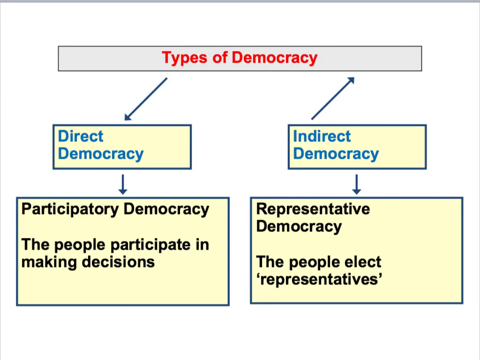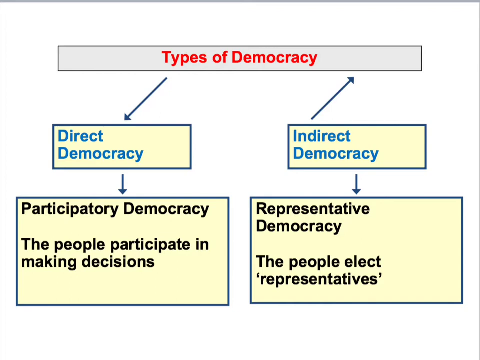The other form that democracy takes, which is much more common, is what we call indirect democracy, or more commonly it's known as representative democracy. In today's large and more industrialised societies, people cannot all get together to discuss and vote on issues in the way that they were able to in the ancient Greek city-states.